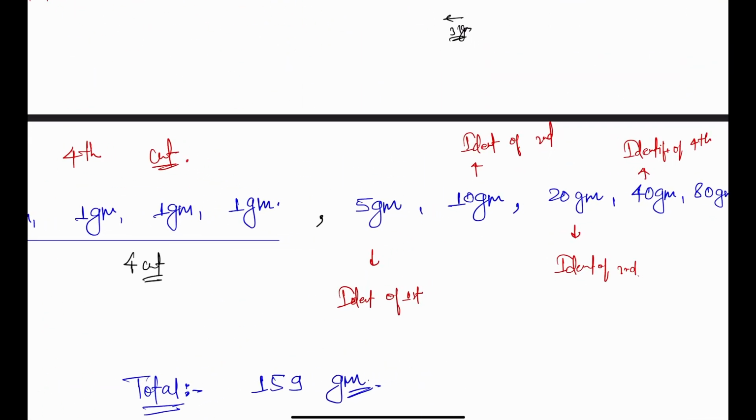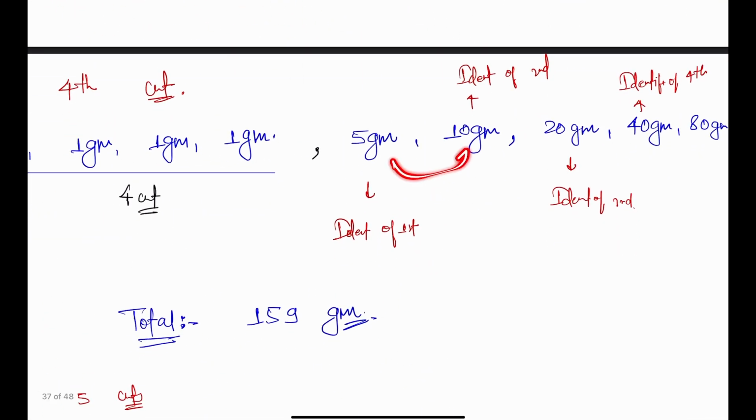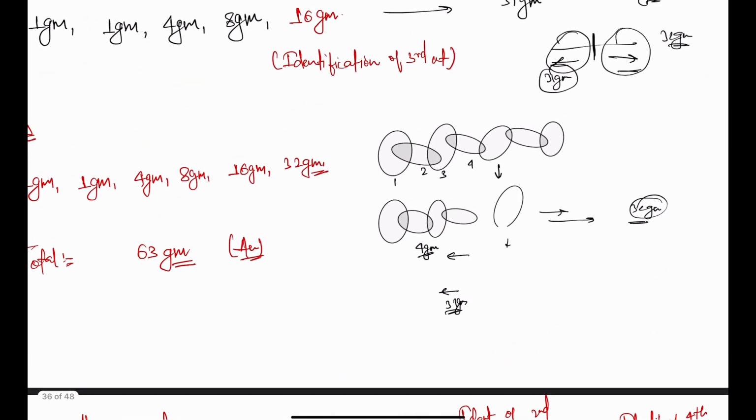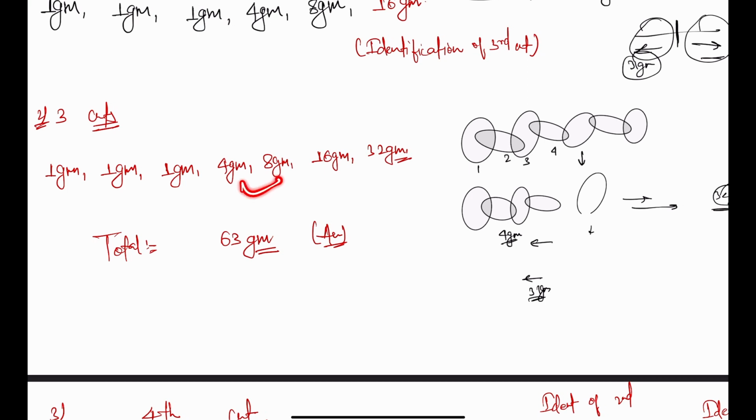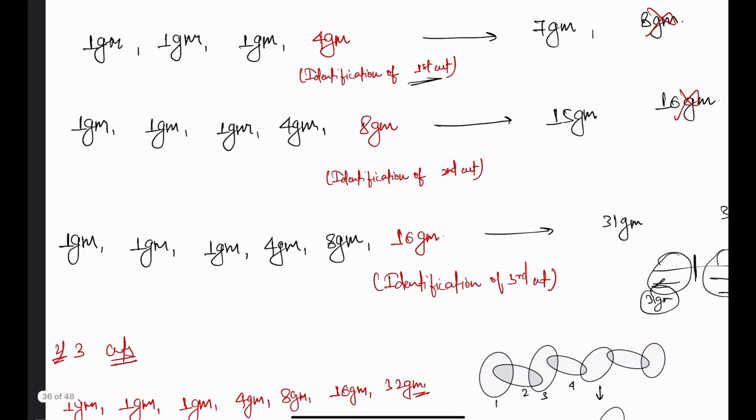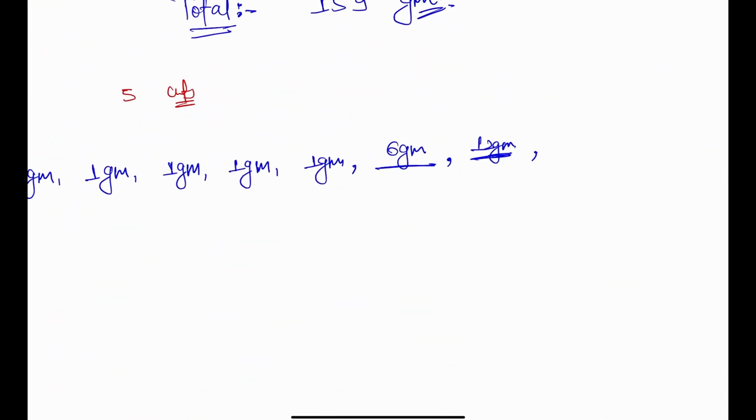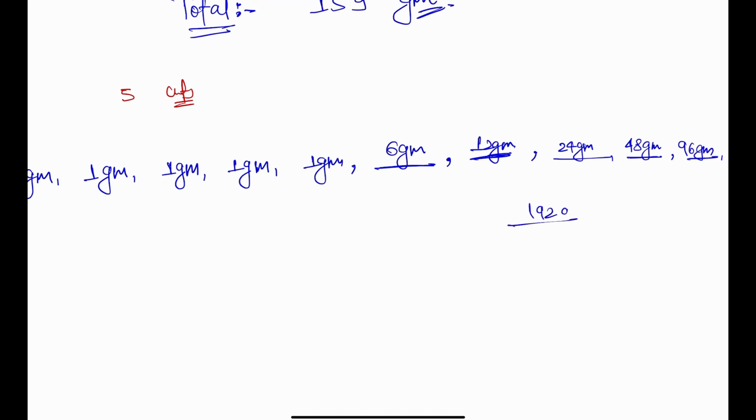If you look closely, here it is into 2, into 2, into 2, into 2. And if you go by the previous one, 3 cuts also, into 2, into 2, into 2. So we don't need to do that much hard work in finding the next one. We can just use simple 24 gram, 48 gram, 96 gram, and the last one will be 192 gram.